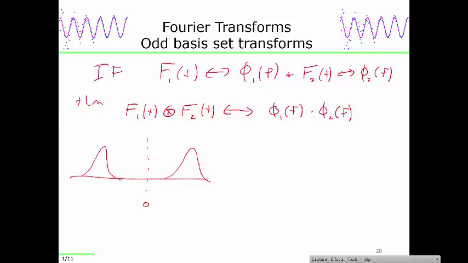It's two Gaussians offset from 0, symmetrically offset from 0. This one has a t prime, and this has a t naught. And this is a negative t naught, but has the same t prime.